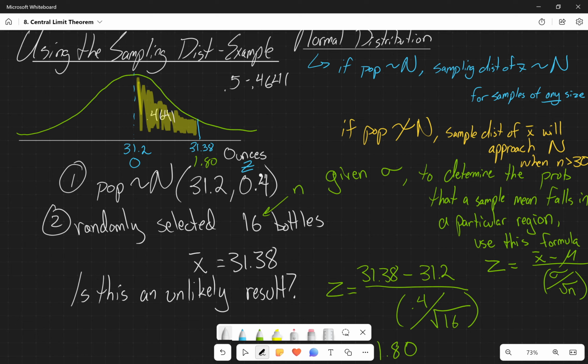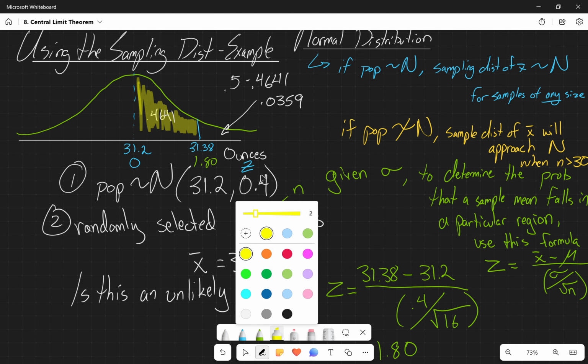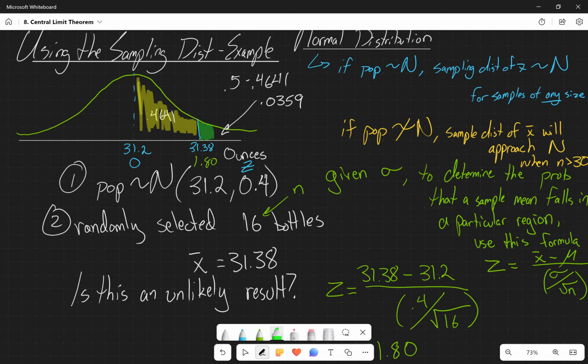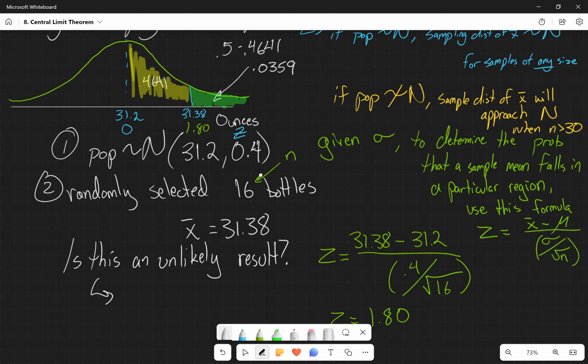And that's going to give you this down here, which is 0.0359. So this green shaded area, which is the area that we are actually caring about, is 0.0359. So from this, we can say, yes, it is unlikely.